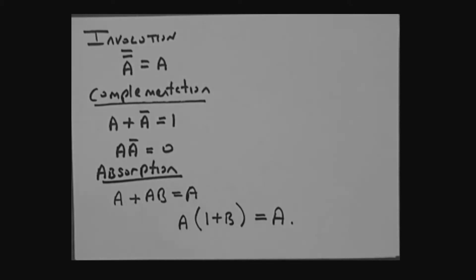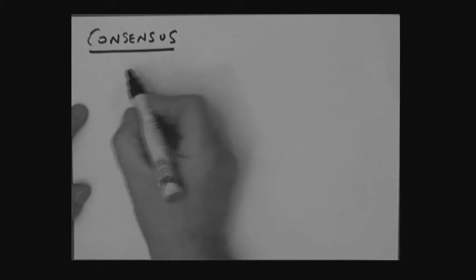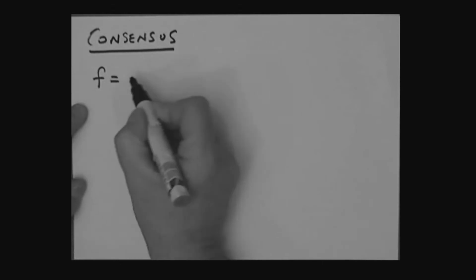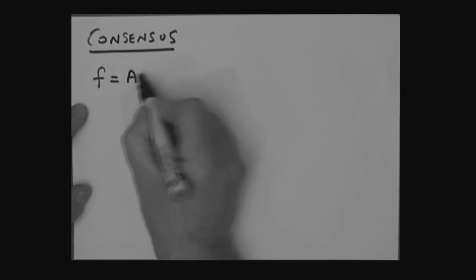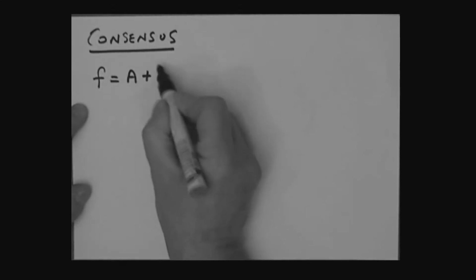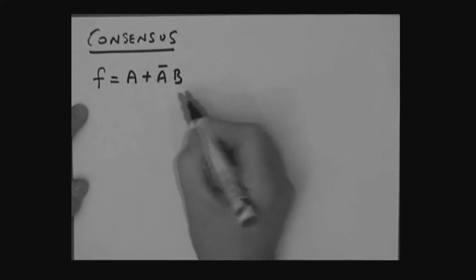All right, now let's look at consensus. This is a very powerful theorem, the consensus theorem. Now, supposing I have a function f that is equal to, let us say, A or A bar B. Once again, I'm not going to prove this.